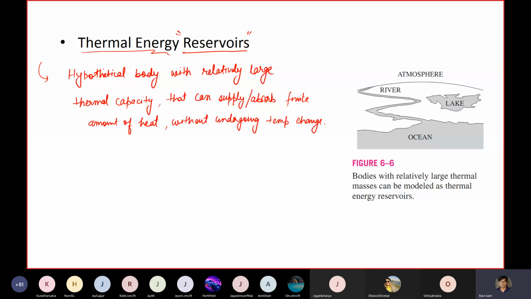So what does it mean? You have a hypothetical body, and no matter how much heat you provide to this particular substance, its temperature won't change. What does it imply? It has very high Cp values, or specific heat.